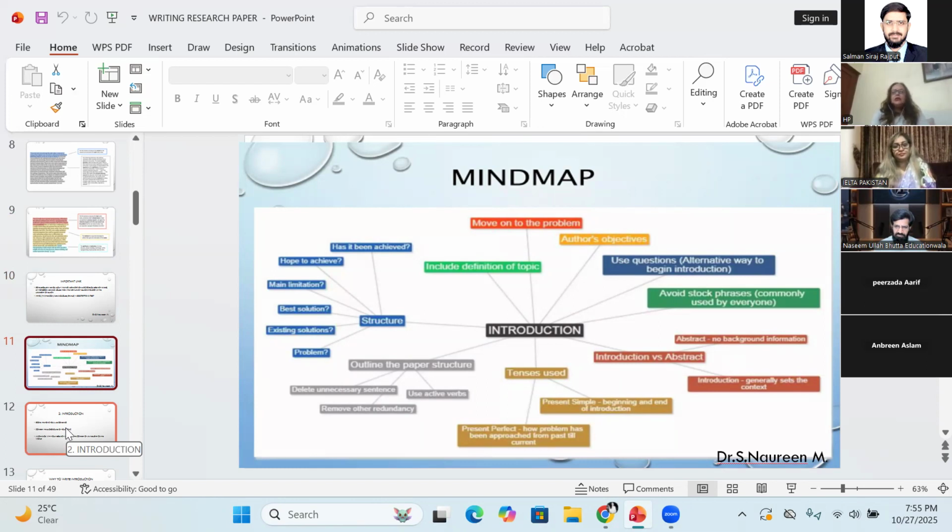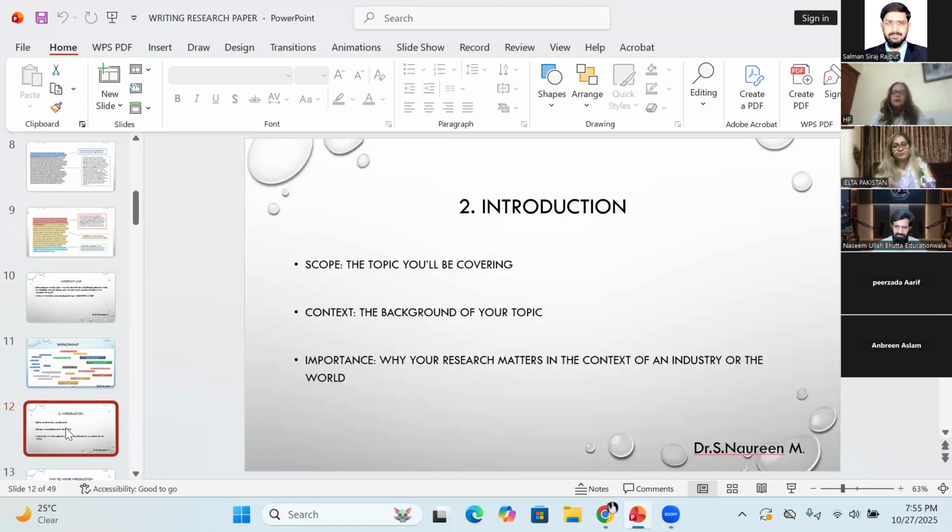So from abstract, now we are moving to the introduction. Introduction is the place where you have to think of the scope, which is the topic you will be covering. You have to think of the background of your topic.